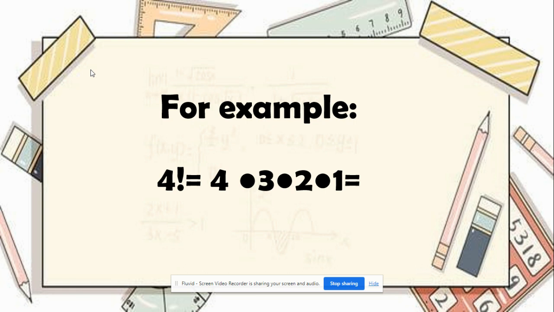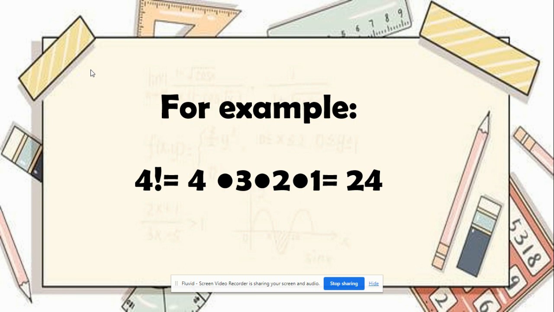Meaning to say here, we are going to have the given number down to the least number, which is 1. When we multiply 4 times 3 times 2 times 1, we have the answer 24.